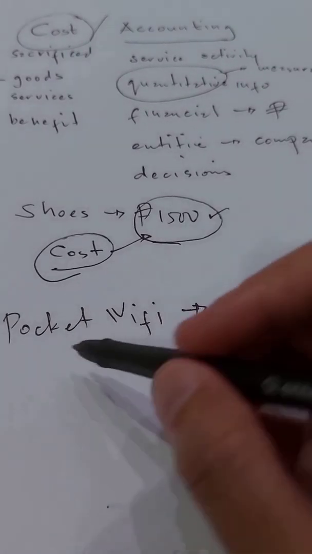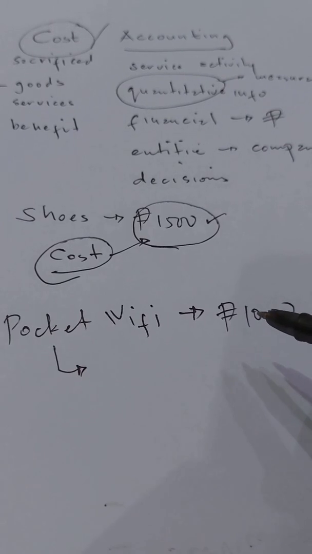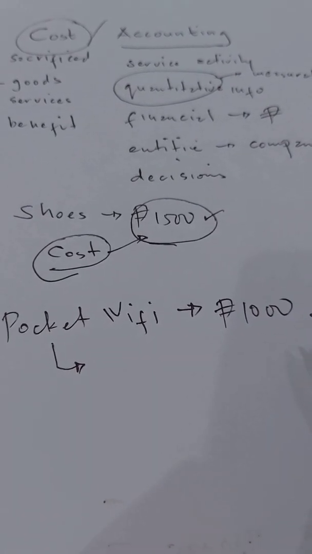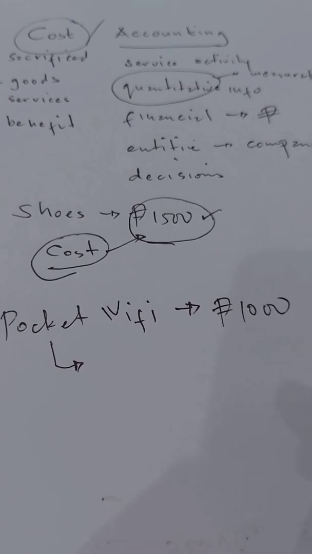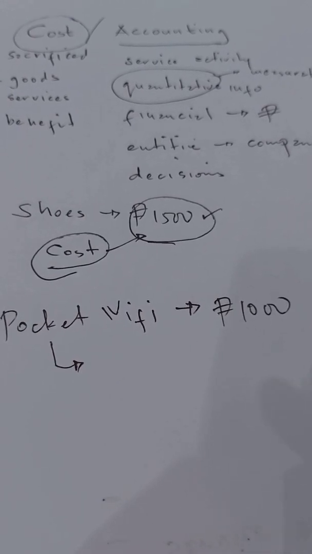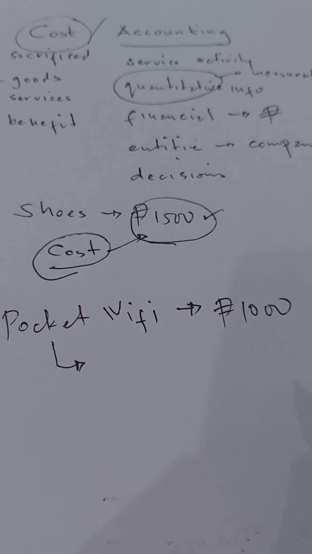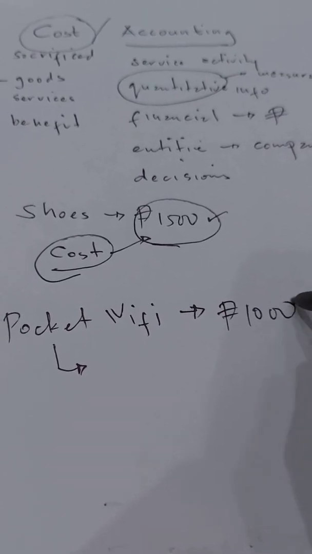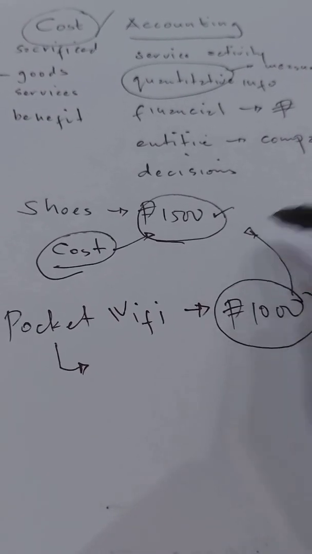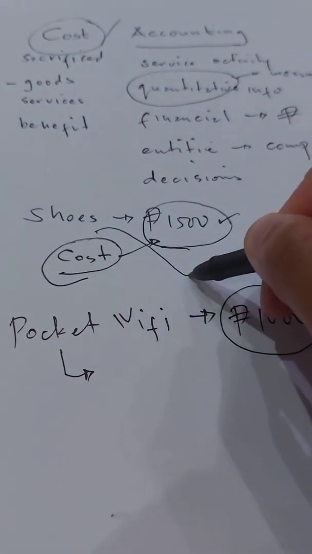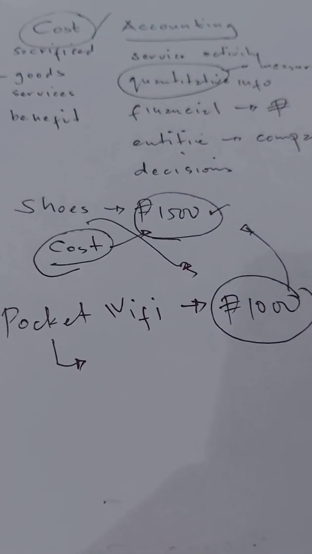Kaya minessage mo siya, nag-PM ka, ay hindi pala, bawal pala ang PM. Nag-comment ka. Pinost mo yung bagong sapatos mo. Sabi naman nung nag-post ay deal. Nakapag-close deal na kayo. Ibig sabihin, si packet wifi, mapupunta sa'yo, yung bagong sapatos, mapupunta dun sa may-ari ng packet wifi.